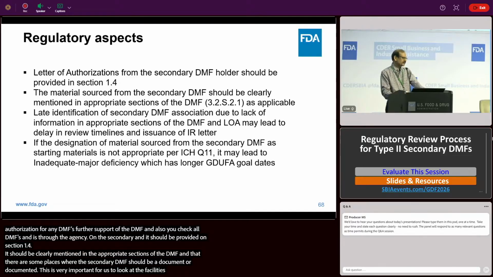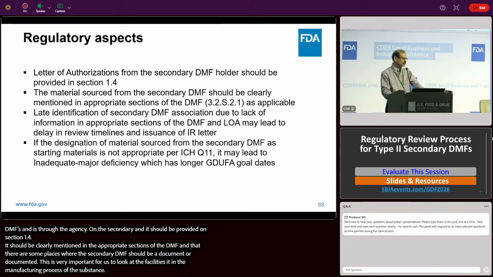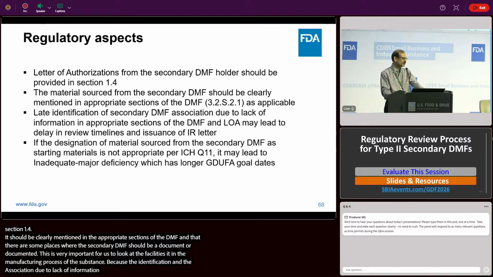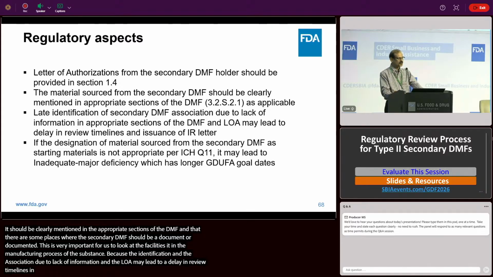Because late identification of secondary DMF association, due to lack of information in appropriate sections of the DMF and LOA, may lead to delay in review timelines and issuance of IR letters. Also, if the designation of the material sourced from the secondary DMF as starting material is not appropriate per ICH Q11, it may lead to an inadequate major deficiency, which has a longer goal date.